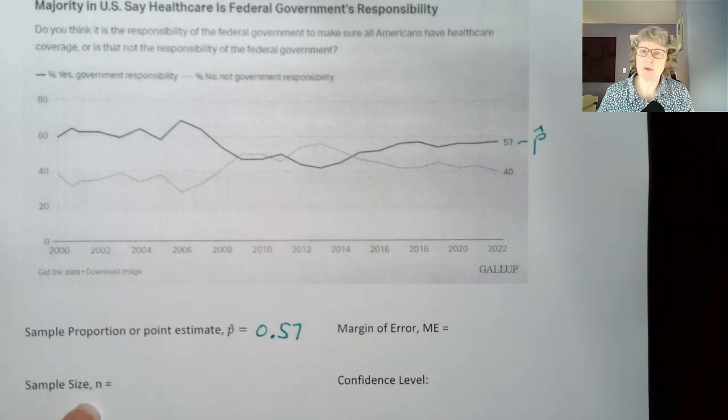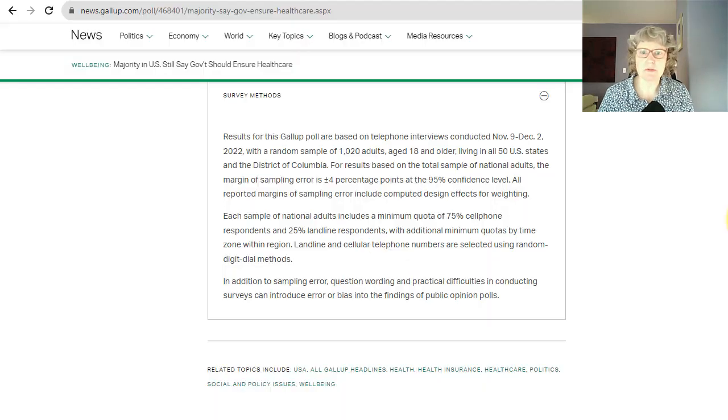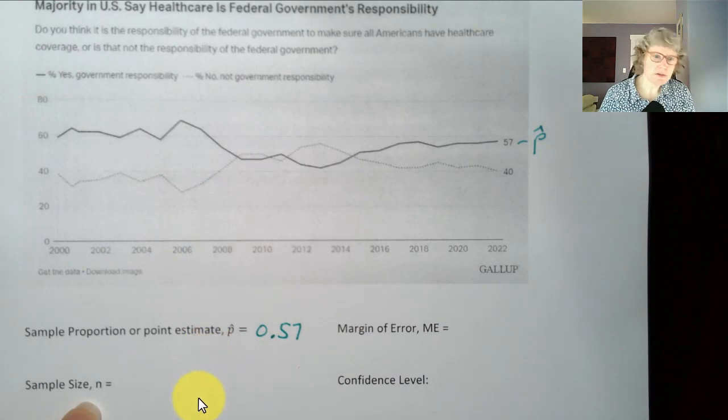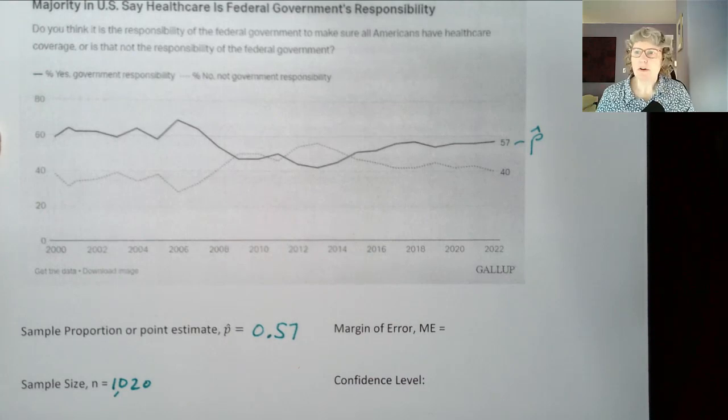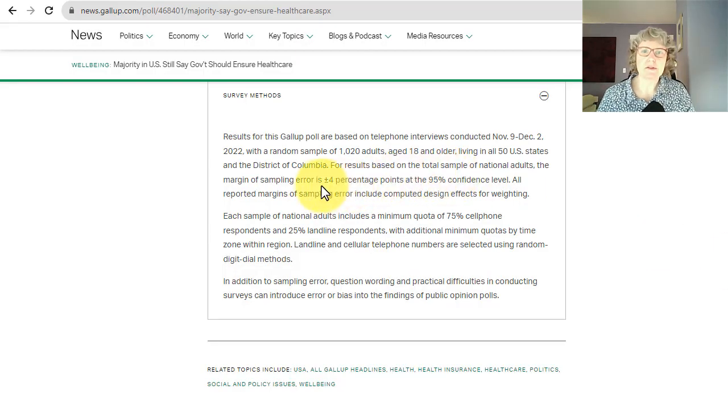Sample size was 1,020, right? Let me just double check. 1,020 random sample. So I'm going to write 1,020. Margin of error, that's the plus or minus. So they're saying it's plus or minus 4%.